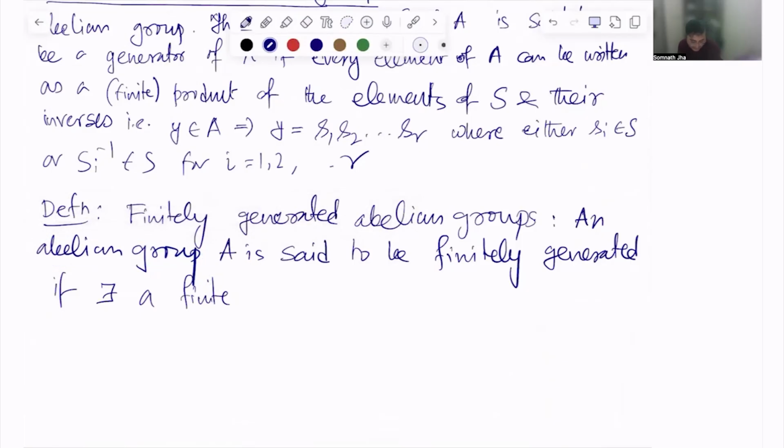A is said to be finitely generated if there is a finite subset S of A such that every element.